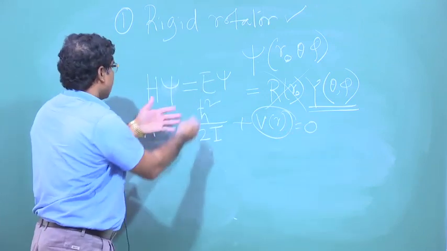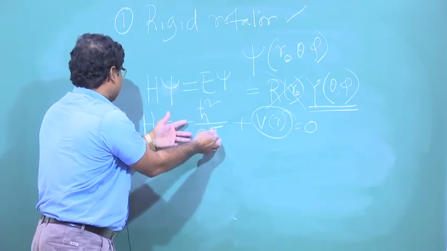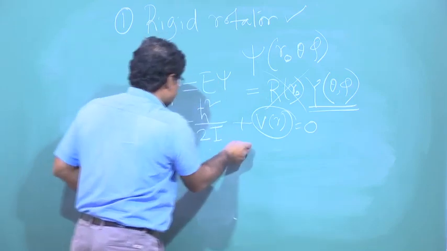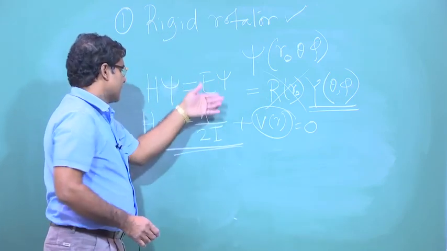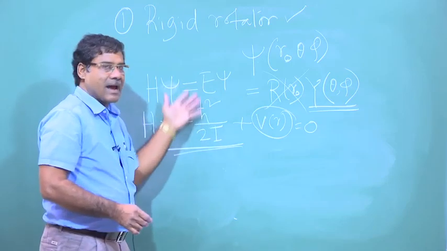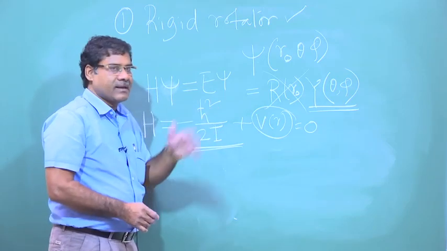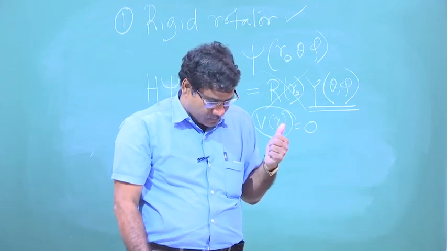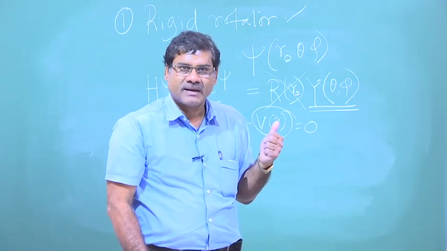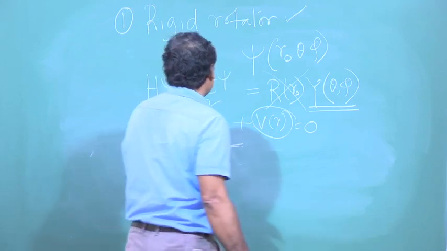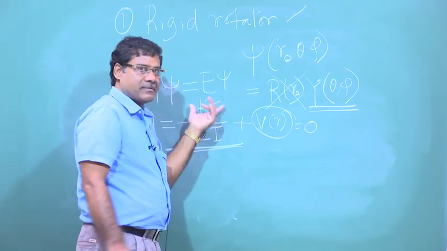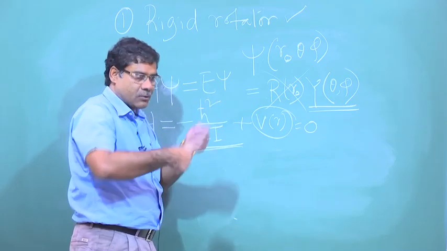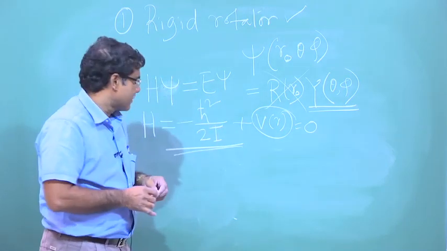If you apply this Hamiltonian, one can show this is basically rotational kinetic energy. This energy comes due to the angular motion; rotational motion is nothing but angular motion.